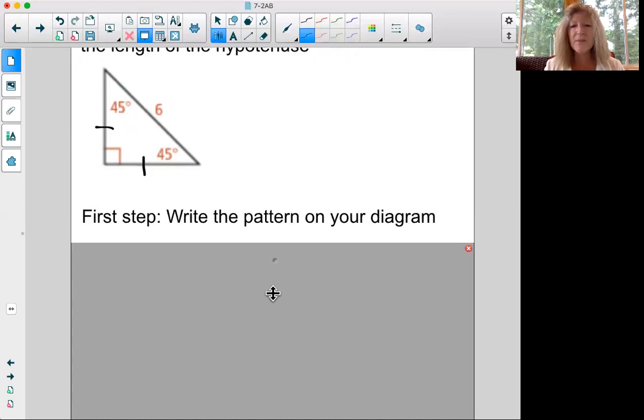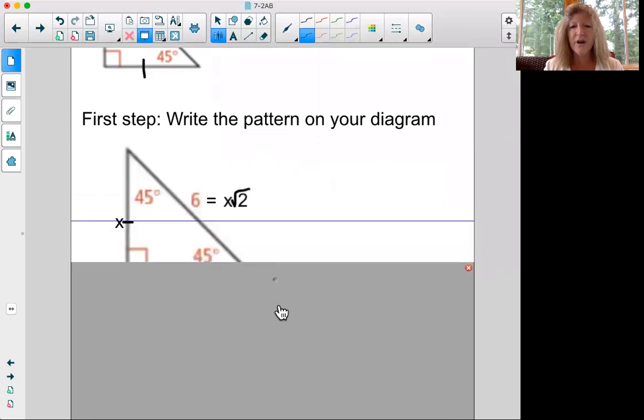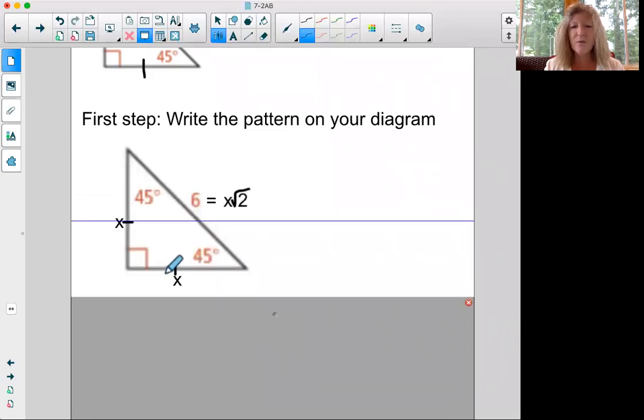So the first step is to write the pattern on your diagram. We know the legs would both be x, and we know the hypotenuse would be whatever the leg was times root 2. And so our equation can be 6, the hypotenuse, is going to equal x root 2, where x is the leg length. And so we can use this equation and solve for x.